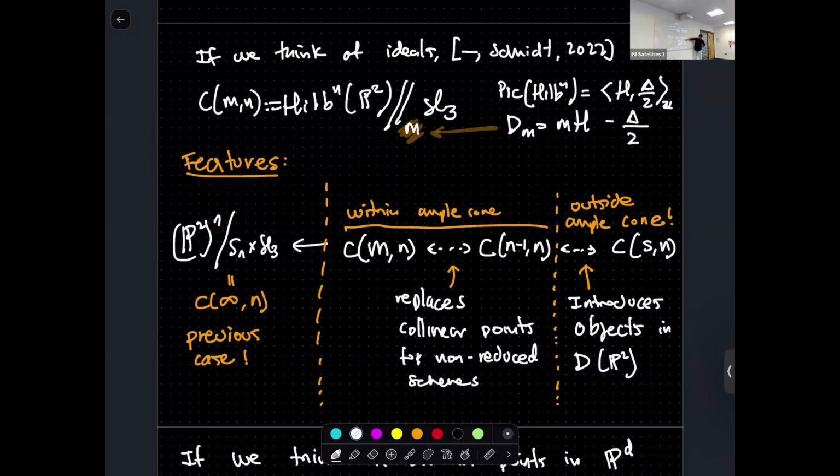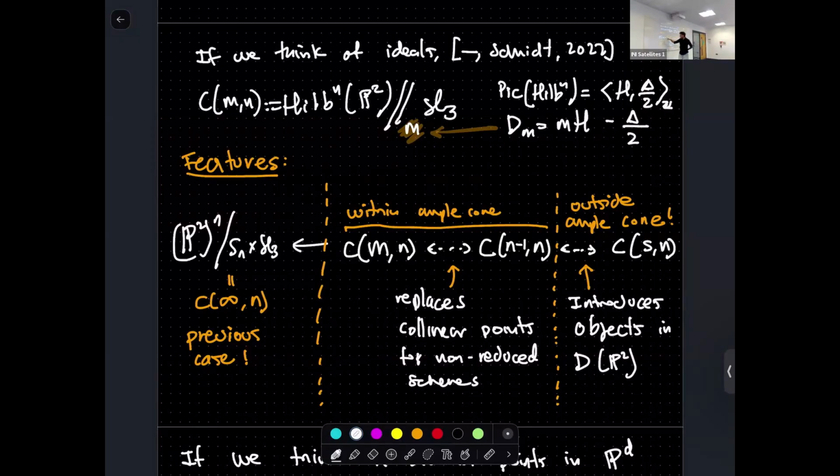And I just want to remark something. In here, the last one, you have very few collinear configurations. You allow a lot of non-reduced degenerations, non-reduced schemes, and you even allow objects which are no longer ideals but complexes in the right category.